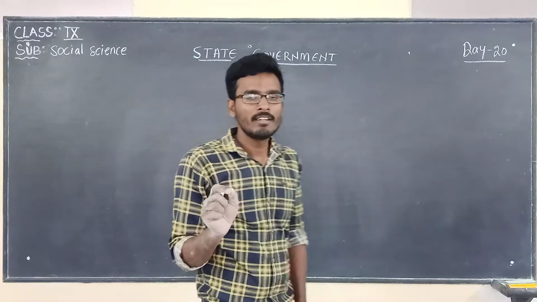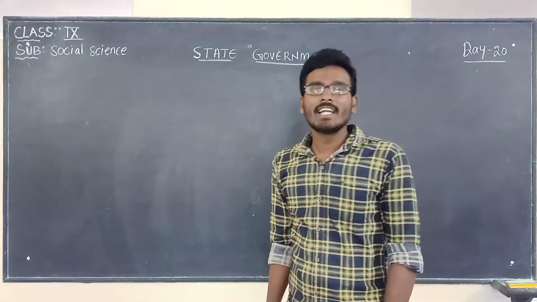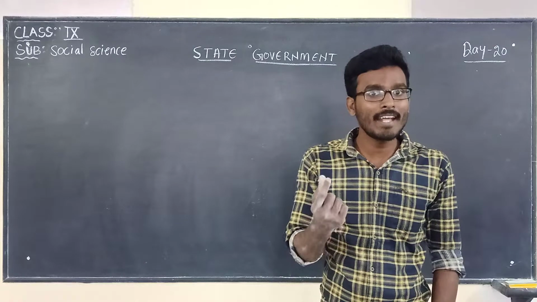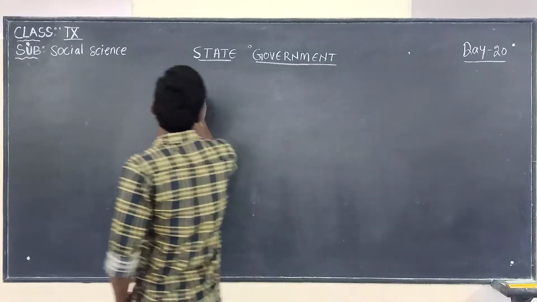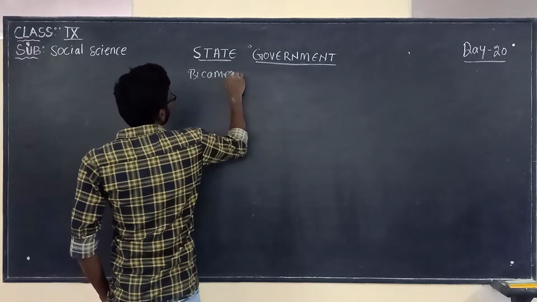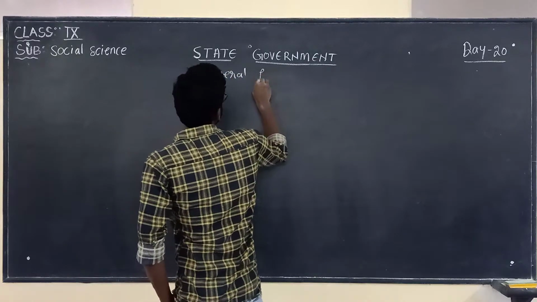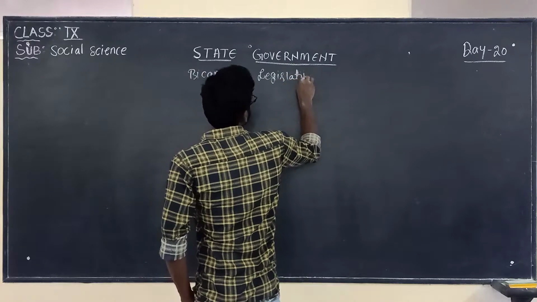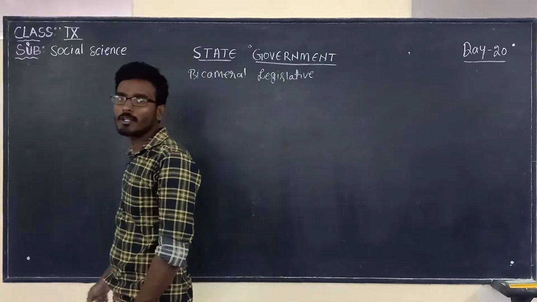So children, if the state legislature has two houses, then we can call it a bicameral legislature. Bicameral. If the question asks what is bicameral legislature, what will you write?